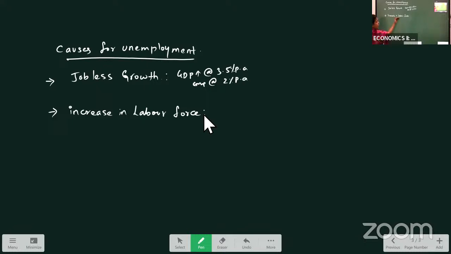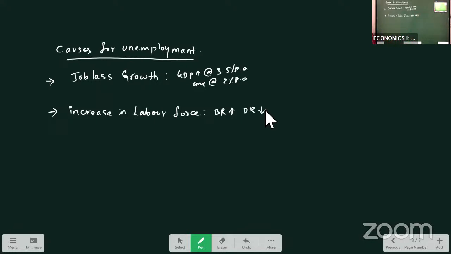But we are unable to create job opportunities in response to the population growth. Okay. Since independence, the death rate has declined, right? The country has entered the second stage of demographic transition, where birth rates are high and death rates are low.